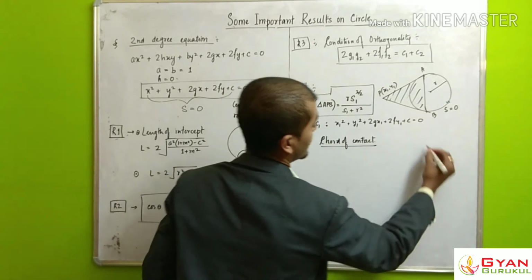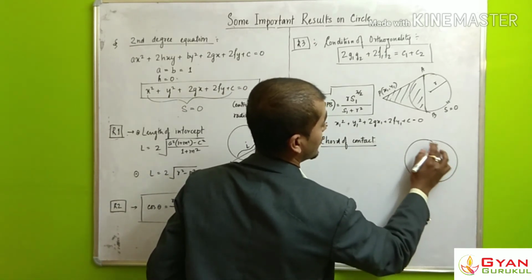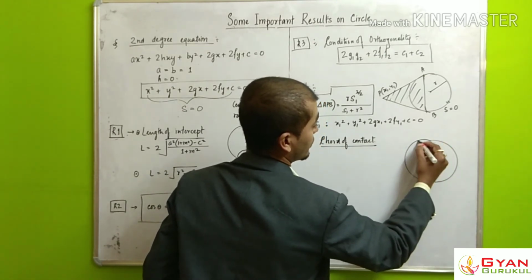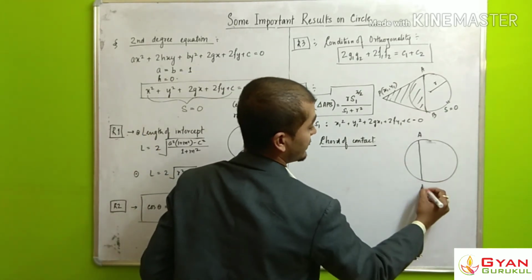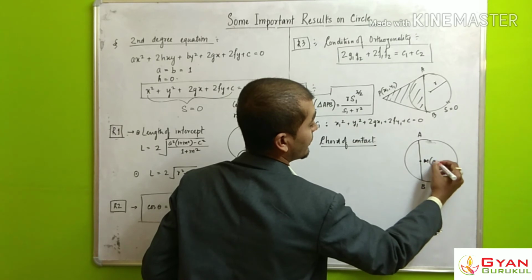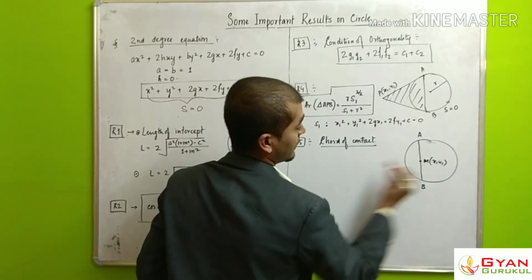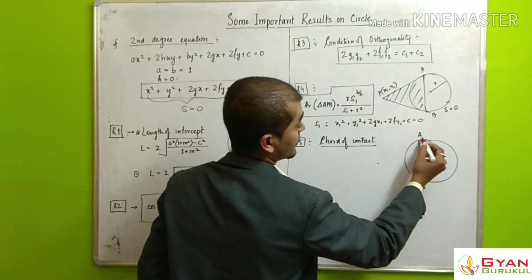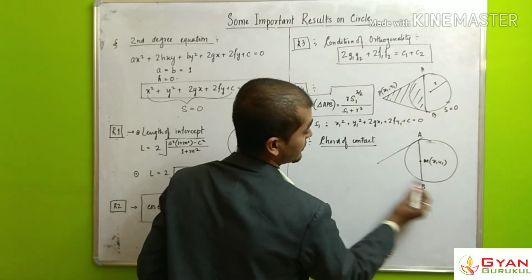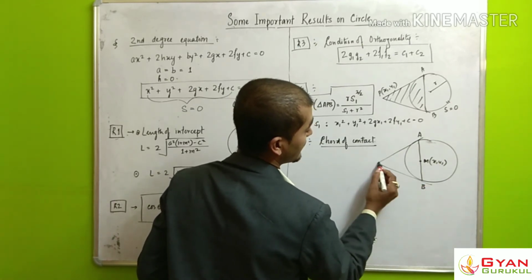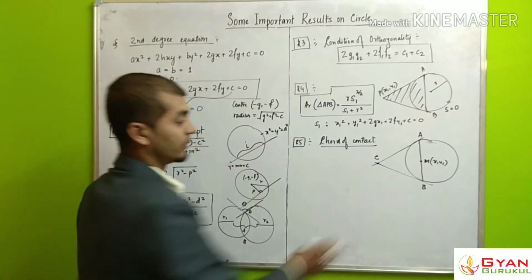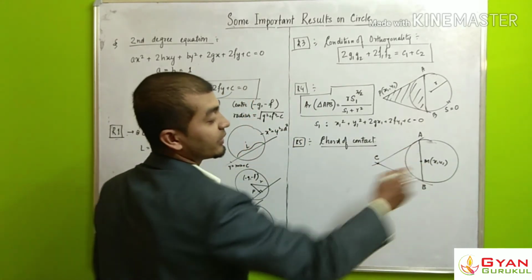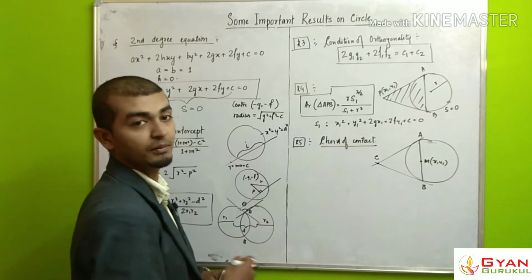Suppose this is a circle and I draw a chord of contact, let us name it AB, whose middle point is say M, x1, y1. Now if I draw the two tangents at the extreme ends, they will definitely meet at some point C exterior to the circle. Then we are generating a triangle named ACB.